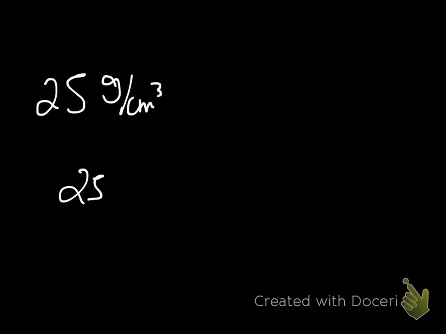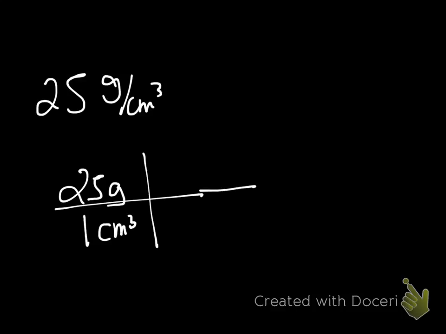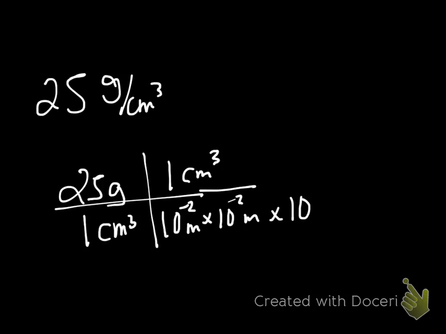When your units are a derived quantity, like grams per cubic centimeter, remember that that's 25 grams for every 1 cubic centimeter. Now the tricky part is that 1 cubic centimeter is 10 to the negative second meters times 10 to the negative second meters times 10 to the negative second meters, not 10 to the second meters. And then, of course, your grams, that's easy.